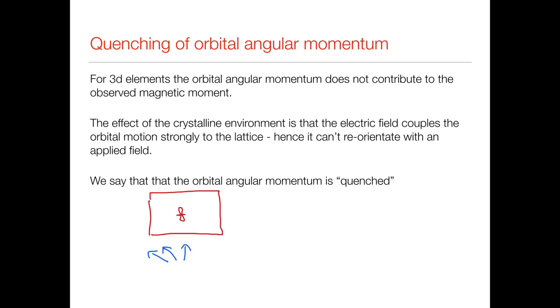Whereas in the case of the 4F, the 4F is much more localized, and that means that both the spin and the orbital part can respond to the magnetic field and can move as the magnetic field direction is changed. So if that hypothesis is true, we should be able to calculate the magnetic moment of the 3D elements, but only taking into account the spin.